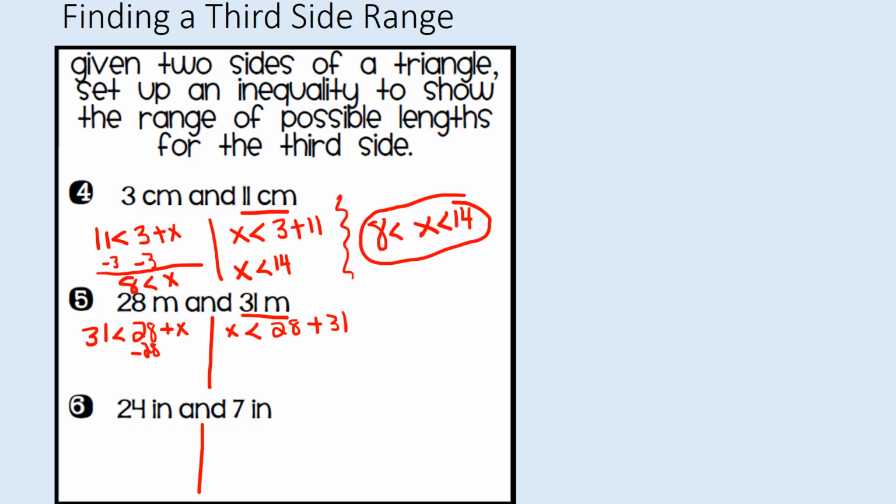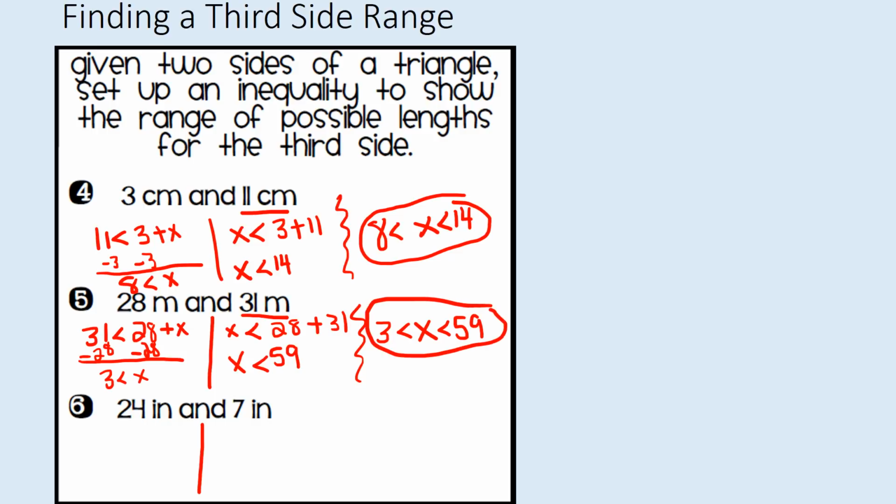So subtract 28 from both sides. We get 3 is less than x for one possibility, and then we have x is less than 59 for the other possibility. So my compound inequality would be that x is between the values of 3 and 59. And how we would write that is 3 is less than x, less than 59.